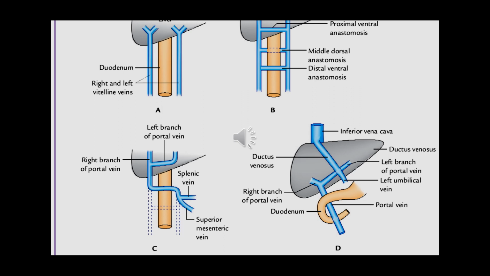This left branch of the portal vein is connected to the inferior vena cava by the ductus venosus, which will be shunting the blood destined to go to the left lobe of the liver into the inferior vena cava. It is always said that the left lobe of the liver cannot keep pace in development with the right lobe. The right lobe gets its own blood supply, there is no problem, no shunt.